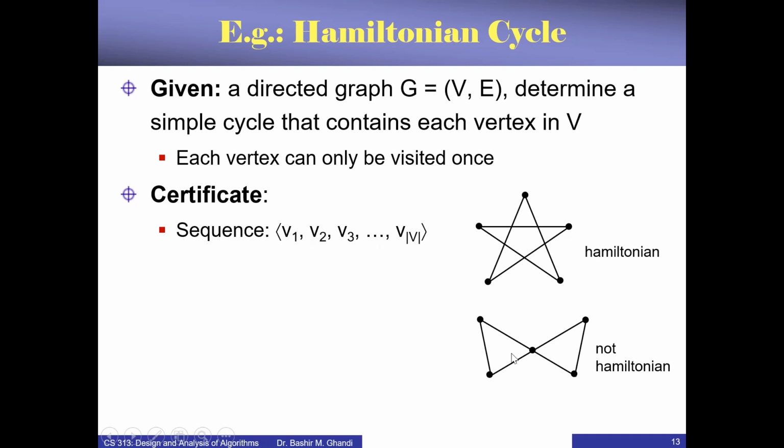So here there's a repetition, and therefore this is not Hamiltonian. Remember, if there's a repetition of a vertex, we don't call it a cycle, we call it a circuit. So this is an example of a problem that belongs to NP. In fact, it belongs to NP-complete, as we shall see later.